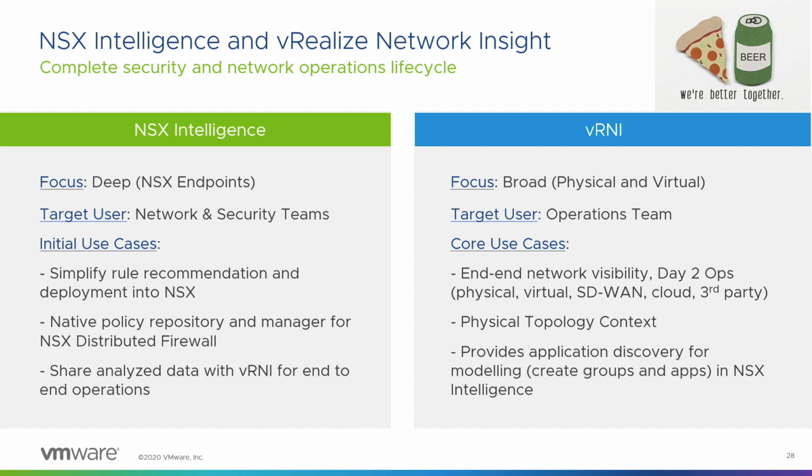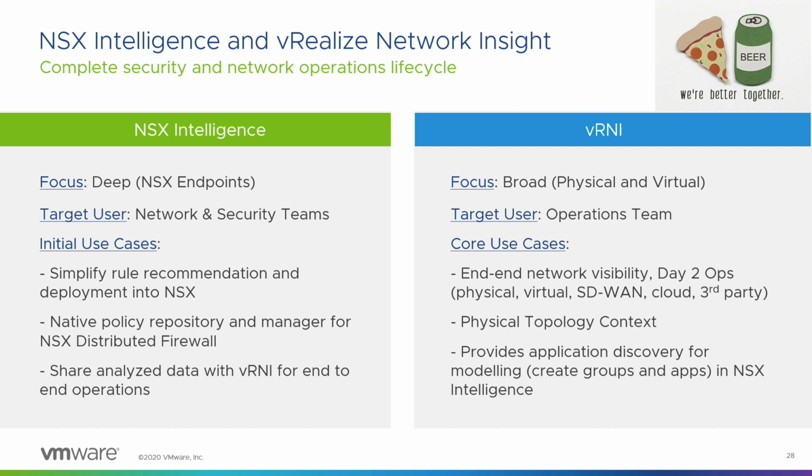Like if we push this rule, what does it mean for the existing rules you may have in physical? In addition, vRealize Network Insight already integrates with CMDBs or does some application discovery. We want to leverage that information in NSX Intelligence as well. So in summary, absolutely. We plan on doing that through vRealize Network Insight, which already supports IPFIX and already collects that information.